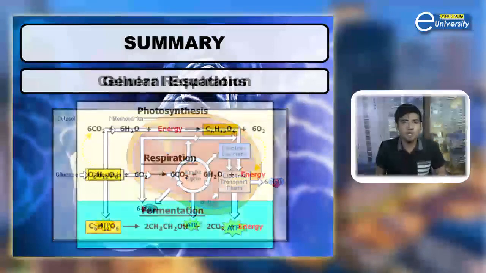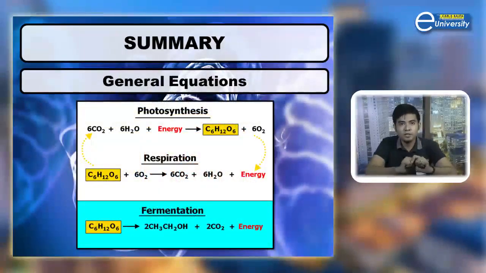For the general equation of photosynthesis, six molecules of carbon dioxide added to six molecules of water added to the sunlight energy produces one molecule of glucose and oxygen as the byproduct. While for respiration, one molecule of glucose added to six molecules of oxygen yields six molecules of carbon dioxide released to the environment and produces six molecules of water and energy, which is used for the daily living of the cell.